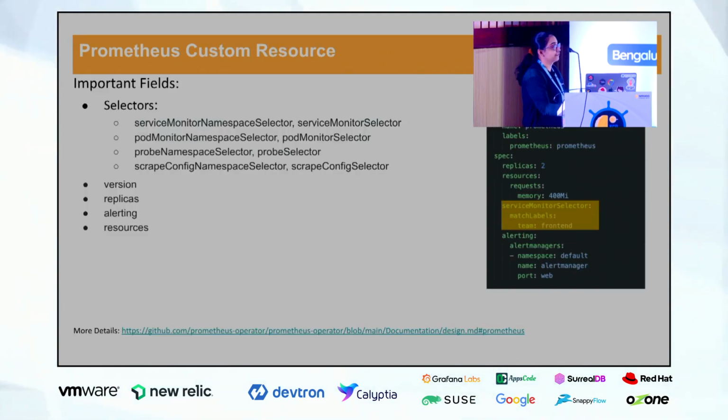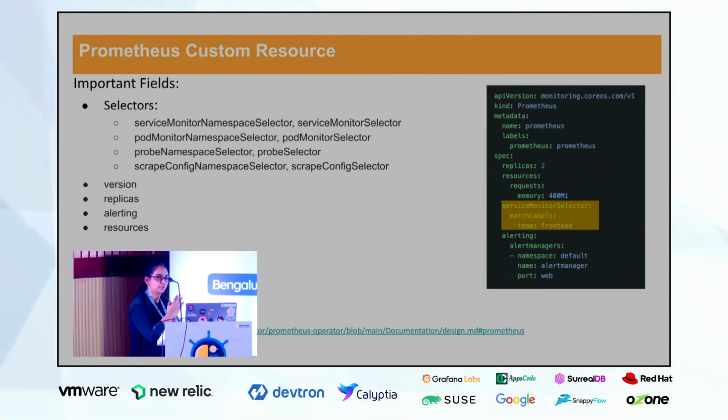So let's look at the first one, which is the main Prometheus resource. Here you can define what all things you need to configure for your Prometheus instance. For example, how many replicas you need to deploy, how many resources you need to allocate, which Alertmanager it should be sending the alerts to, and there are also many selector fields available, like ServiceMonitor namespace selector, PodMonitor selector, and so on.